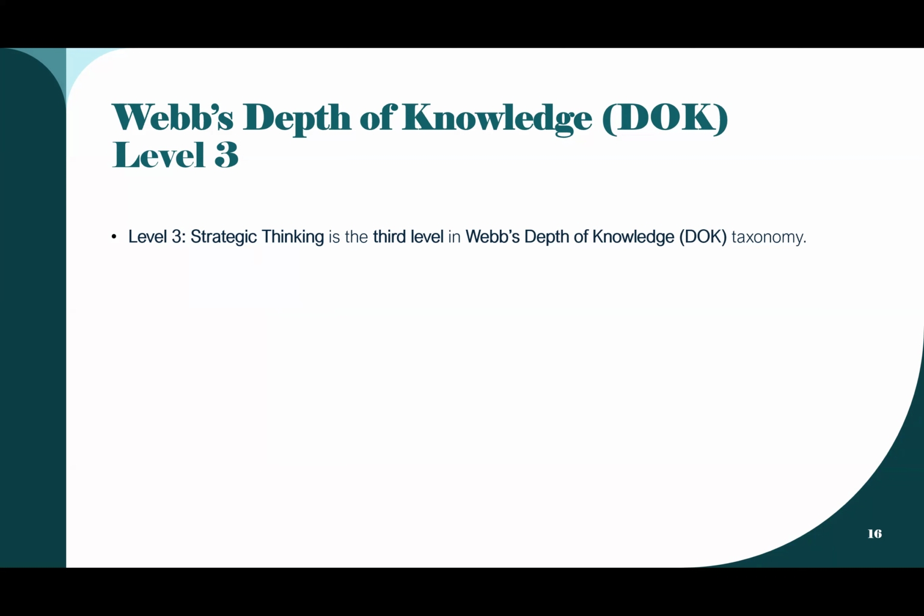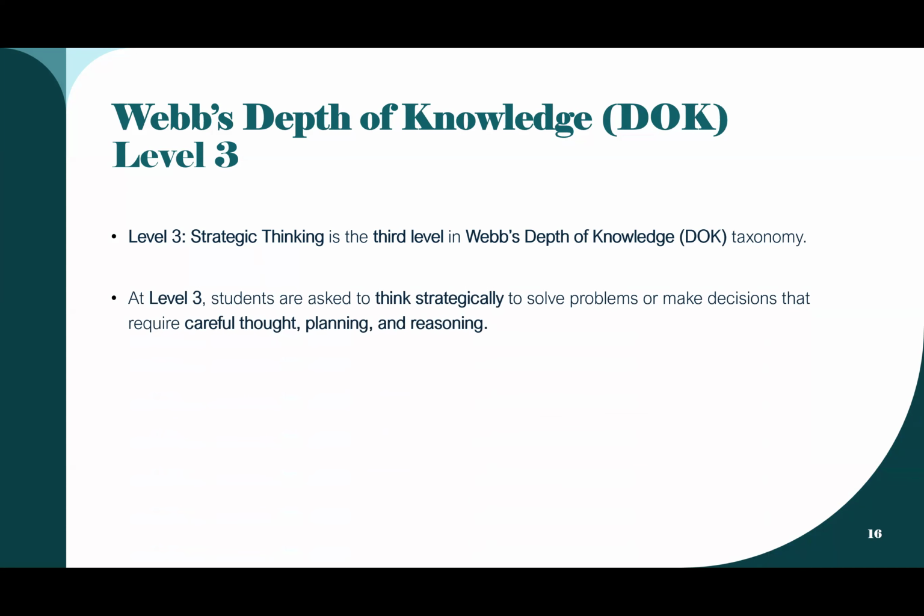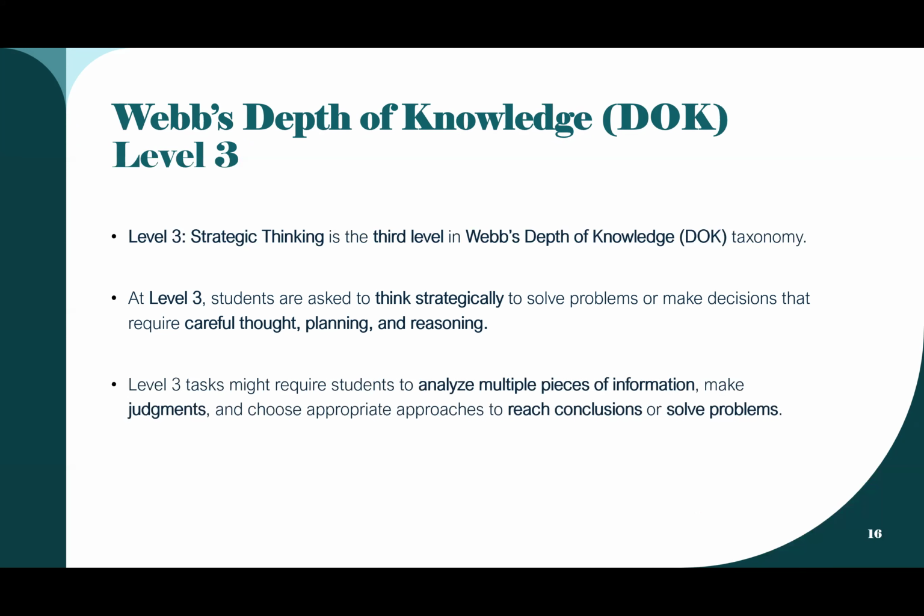Tasks at level 3 go beyond simple application of skills and require students to think critically, analyze information, and devise strategies to approach complex problems or tasks. This level emphasizes the ability to organize and synthesize knowledge, make decisions, and solve problems in ways that involve higher levels of analysis and reasoning.